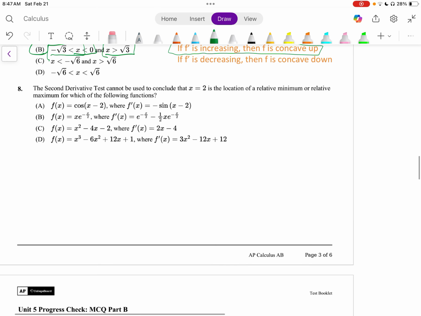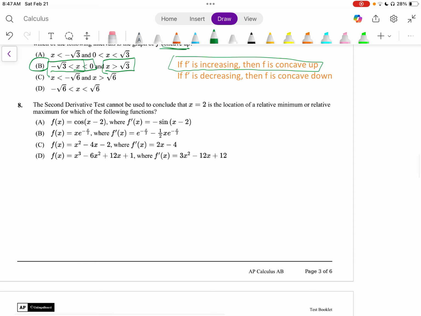Number 8, the second derivative cannot be used to conclude that x equals 2 is a location of a relative minimum or relative maximum for which of the following functions? So second derivative test still uses the first derivative because you want to find when the first derivative is 0 and then use the second derivative test.